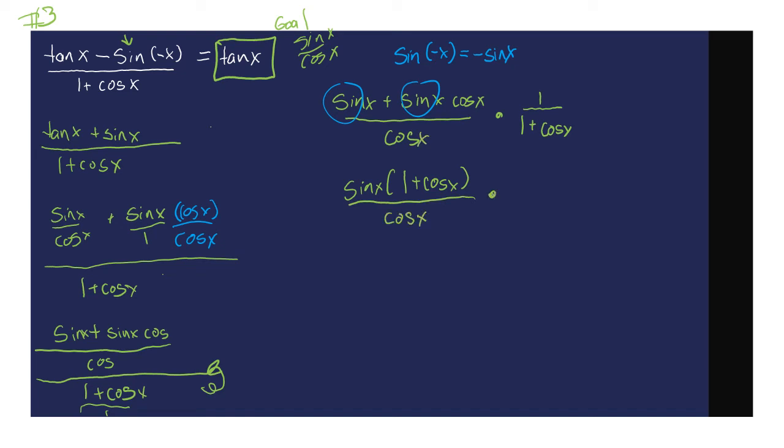And then I'm multiplying by 1 over 1 plus cosine x. And hey, these are all being multiplied together, so I can cancel out these terms. And I'm left with sine x over cosine x, which is tangent x. And tangent x equals tangent x.